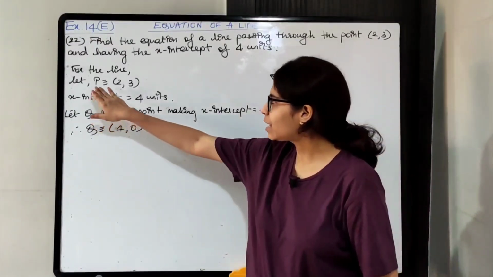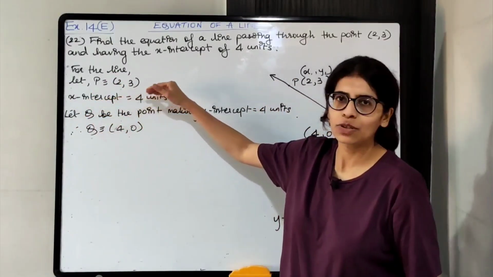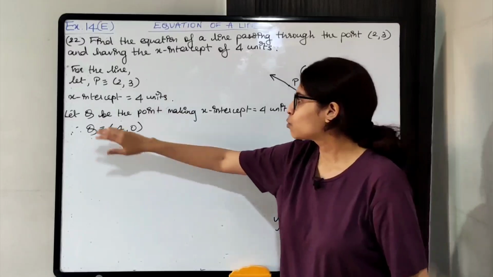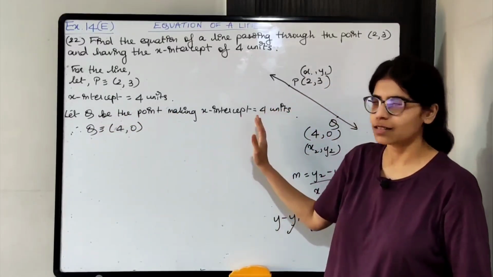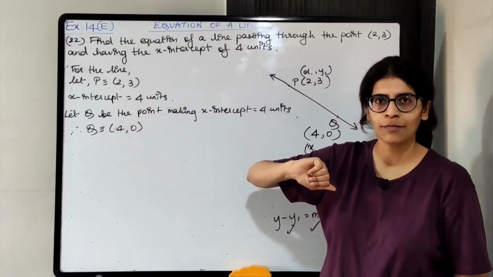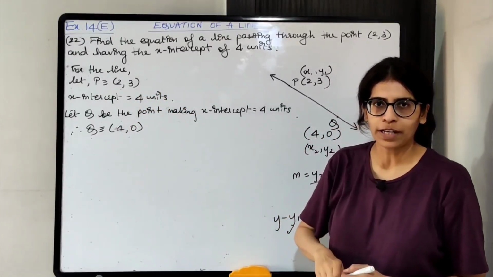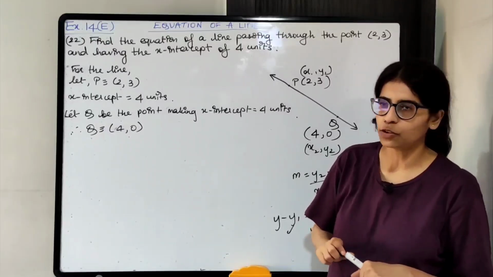So for the line, I have taken 2, 3 as P and the x-intercept is given to us. It is 4 units. So let Q be the point making an x-intercept of 4 units. Therefore Q will be 4, 0. The y-coordinate will be 0. P we will take as x1, y1 and Q as x2, y2. And first we will find the slope of PQ.